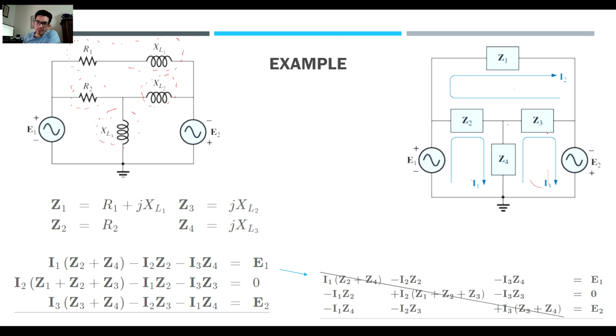If you look at impedance number 3, you have contribution of current number 2 and current number 3. And impedance load 4, you have contribution of current 1 and current 3. So the system of equations here, for current 1, is going to be the contribution of load impedance 2 and impedance 4, right? And for impedance 1, you have 2 and 4.